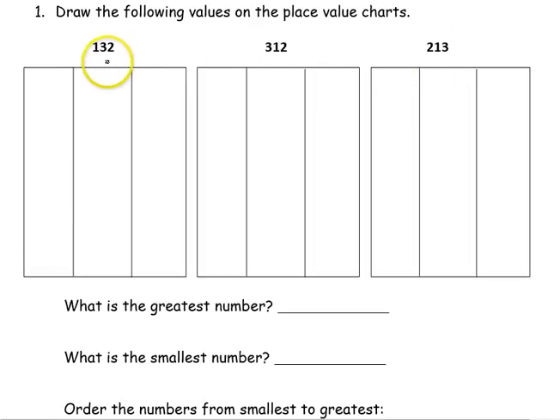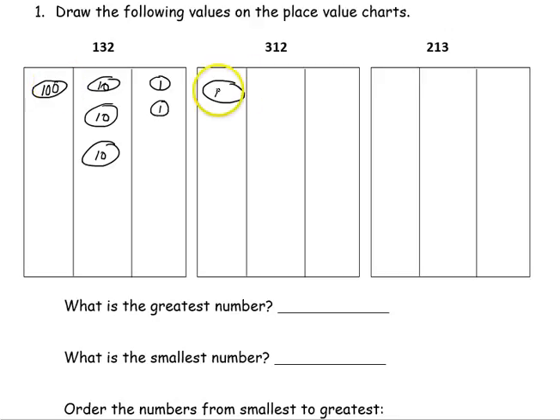I'll start by showing 132 on the chart. 132 is a group of 100, 3 groups of 10 to show 30, and 2 groups of 1 to show 2. 312 is 3 groups of 100, 1 group of 10, and 2 groups of 1.